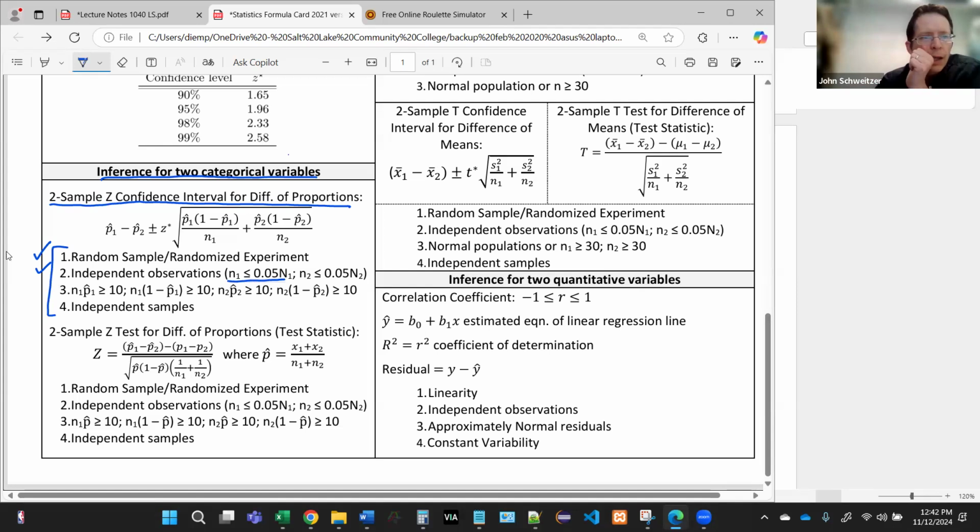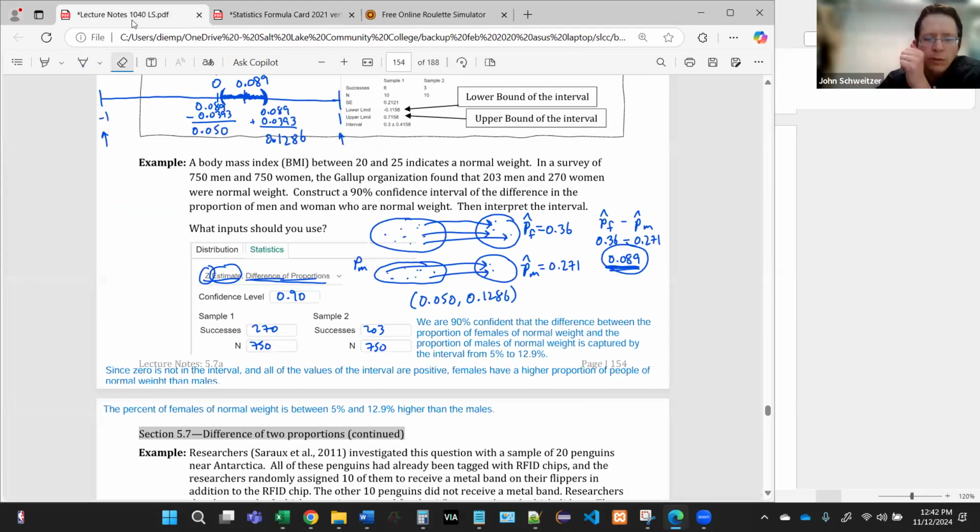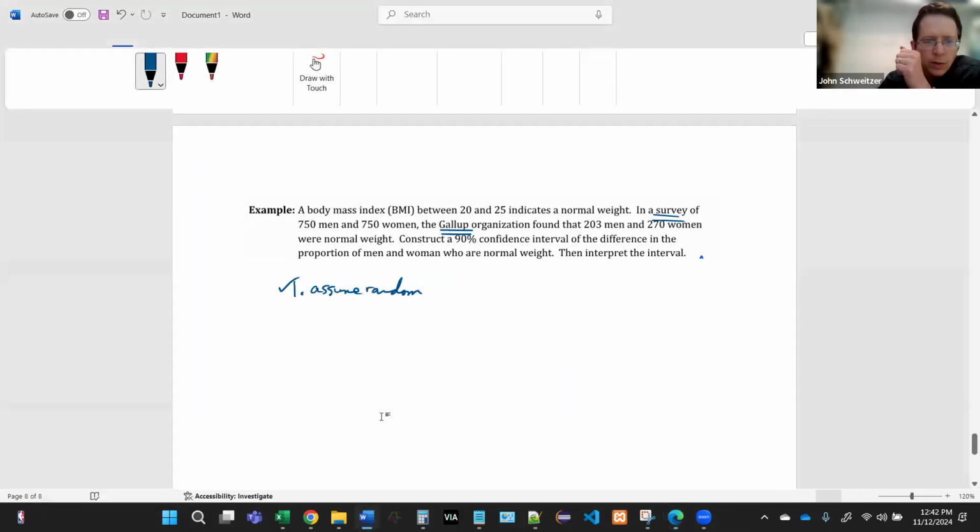okay? So second thing, we take the sample size and we make sure that it's less than 5% of the population. So I don't know how many females there are, but if we solve this, we should get a good idea of what that minimum population size should be, right? So I'm going to divide both sides by 0.05.